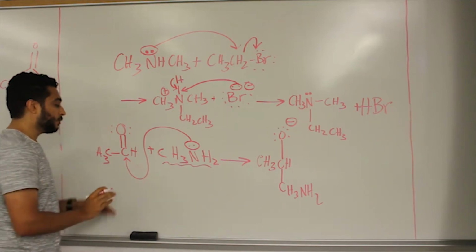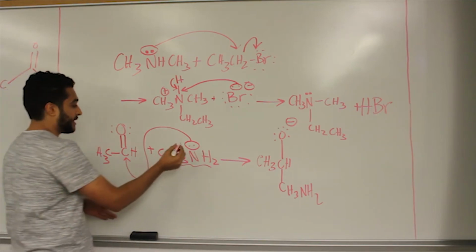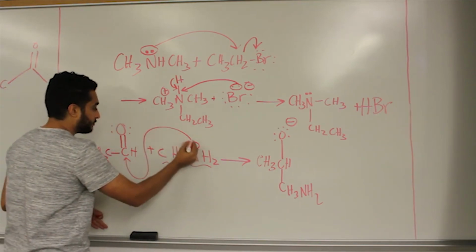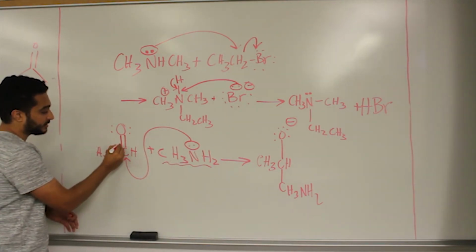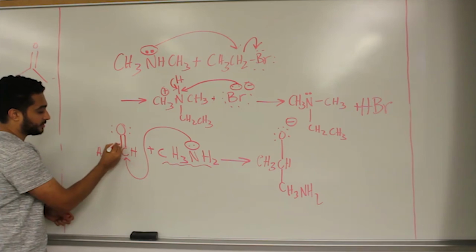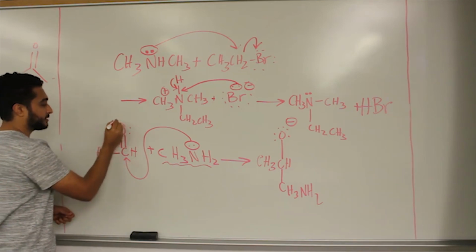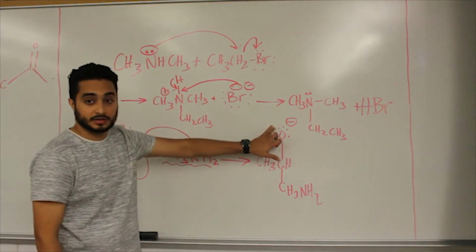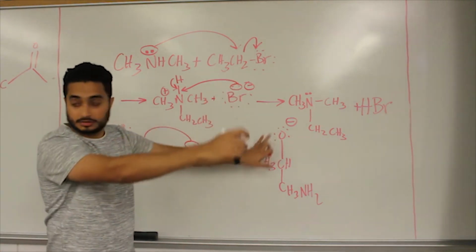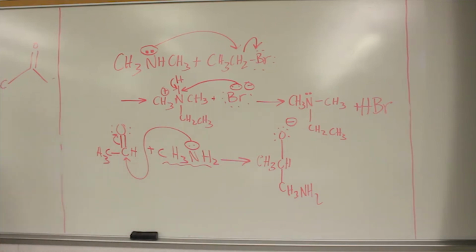Once this lone pair attacks that carbon on the carbonyl, this double bond goes up and becomes lone pairs, like that. Hence why you have an extra set of lone pairs on this top one, which is shown in the question. So that's how that one works.